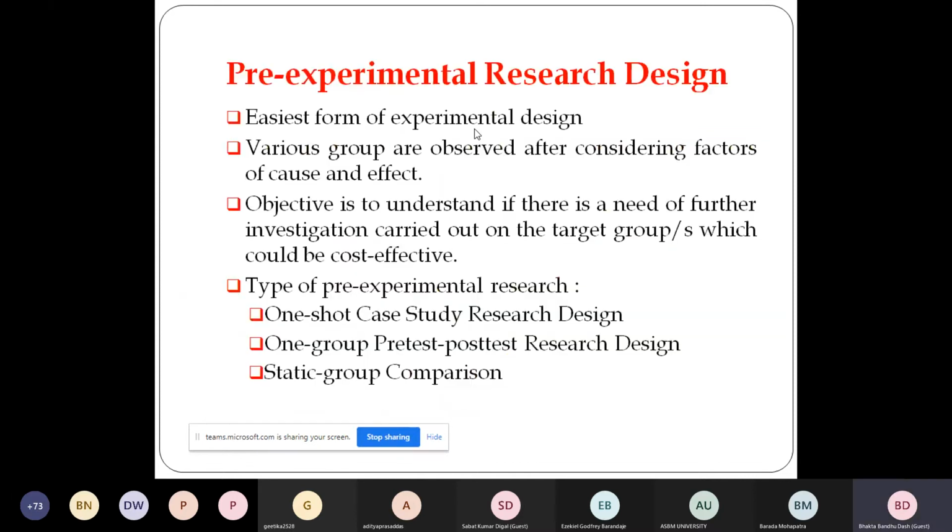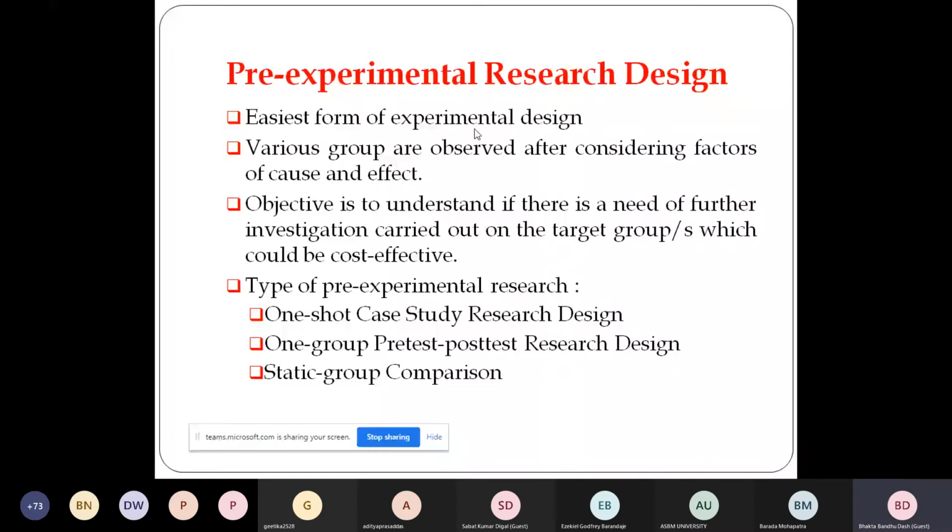What is a pre-experimental research design? This is very easy, the easiest form of experimental design. Various groups are observed after considering factors of cause and effect. The objective is to understand if there is a need for further investigation carried out on the target group, which could be cost effective.